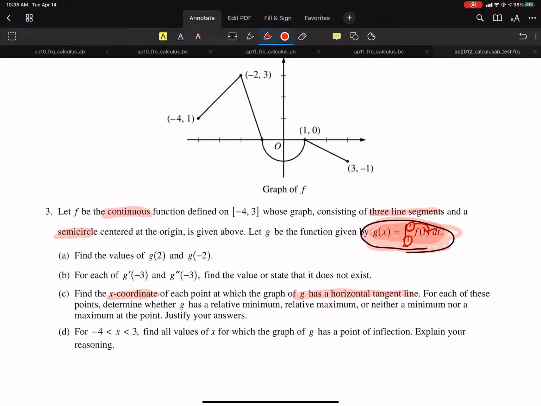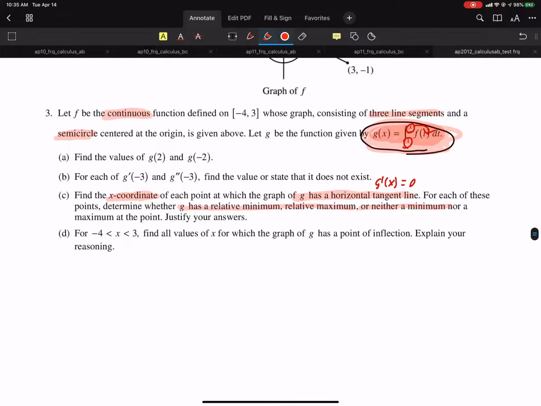To say that in English, that's saying the derivative of g is 0. So find that. For each of these points, determine whether g has a relative minimum, a relative maximum, or neither. All right, this seems very doable.